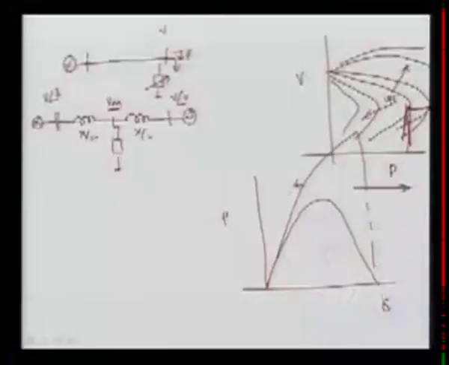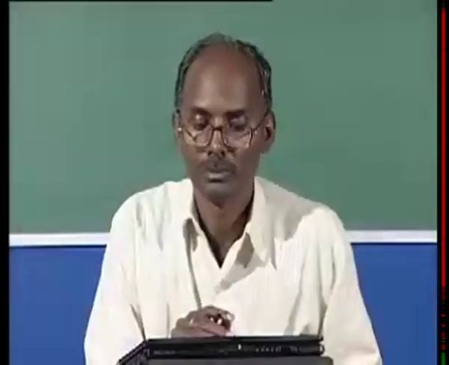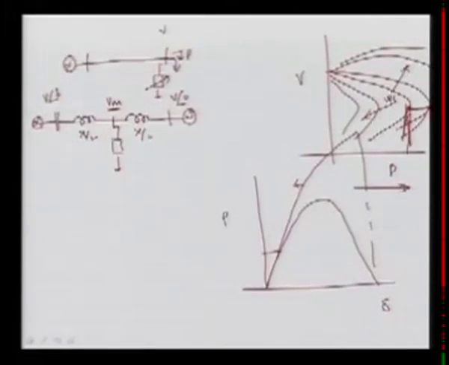Now if there is a fault here at the bus, let's suppose your system was operating here and there was a fault and the power injected to this system is 0, this machine will accelerate, and then here this was your PM. Now let's suppose it was operating at delta naught and the fault is cleared at this point, that's delta 1.